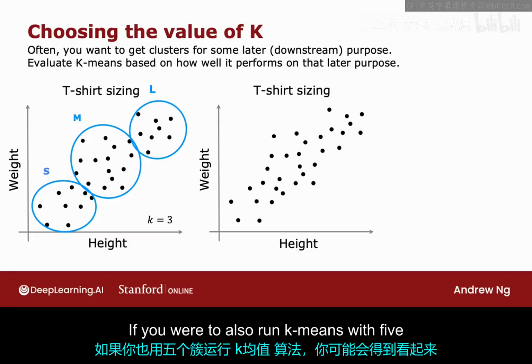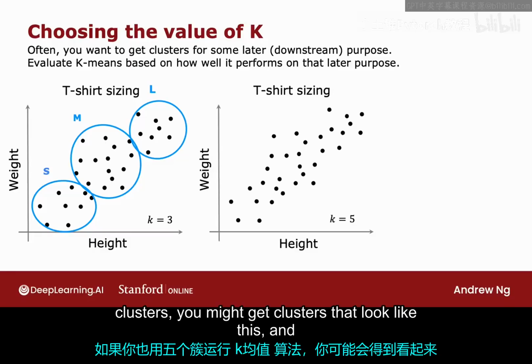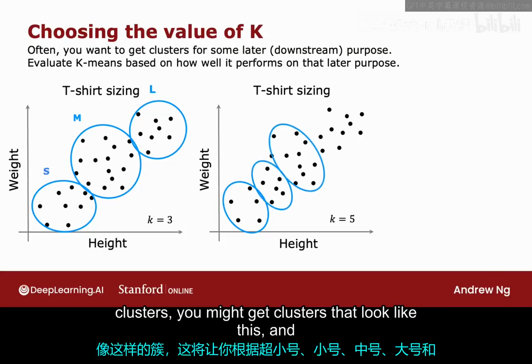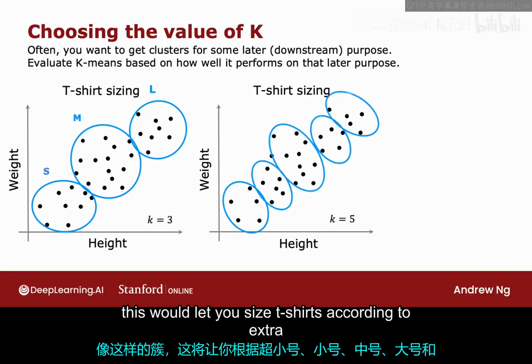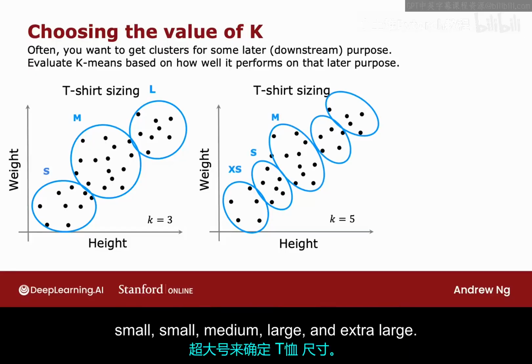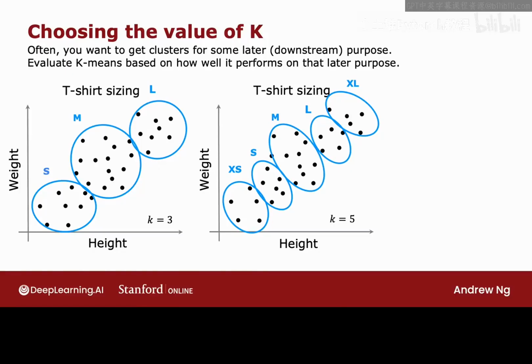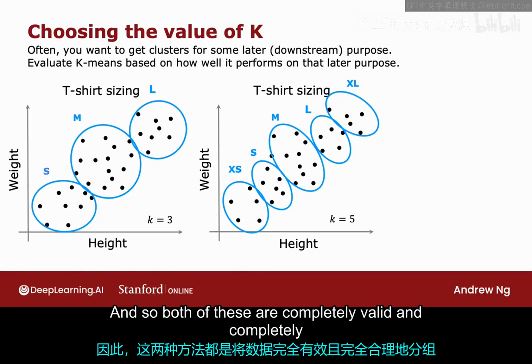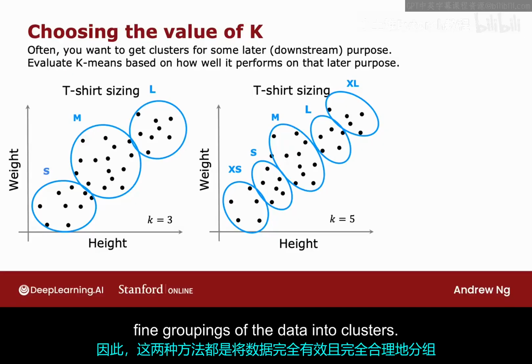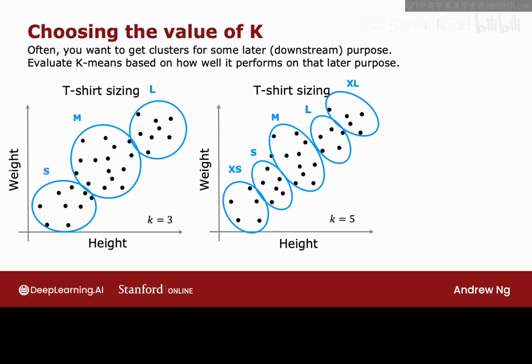If you were to also run k-means with 5 clusters, you might get clusters that look like this, and this would let you size t-shirts according to extra small, small, medium, large, and extra large. And so both of these are completely valid and completely fine groupings of the data into clusters.